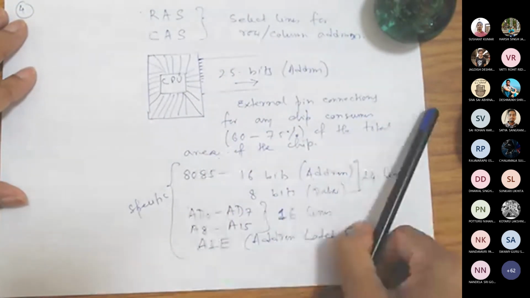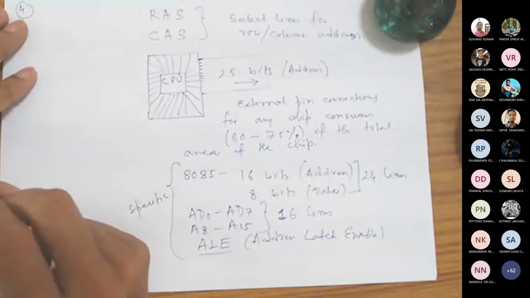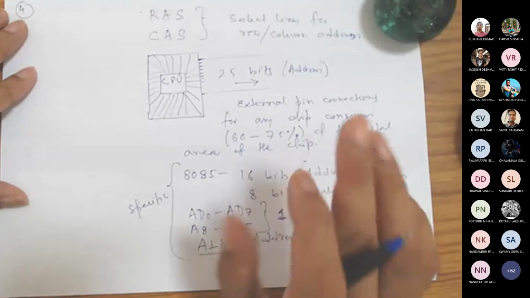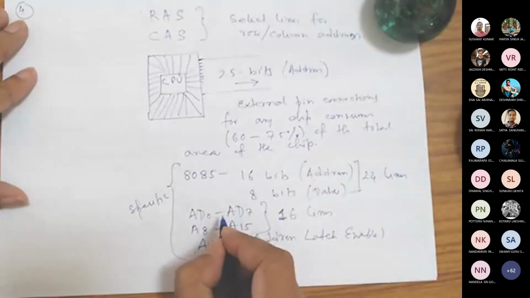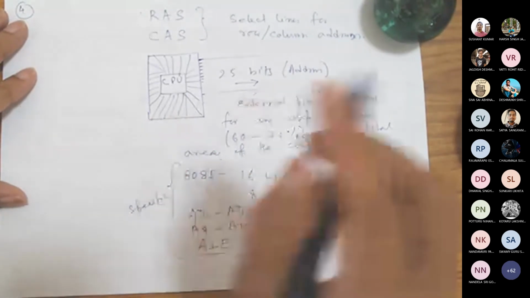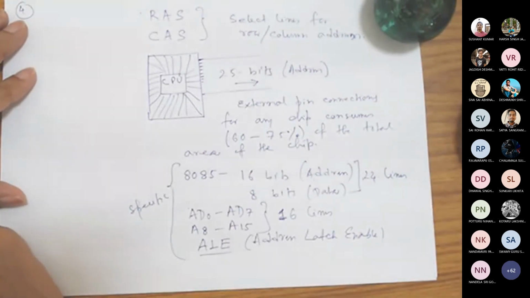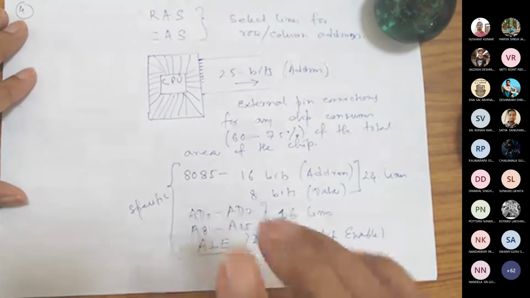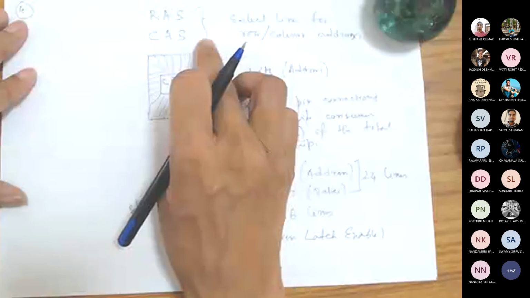So you give the address, then latch the address using this signal. Once the latch is over, you release it and make it the data bus, and by that time memory gets ready. This is called latching, and the same concept is used here.